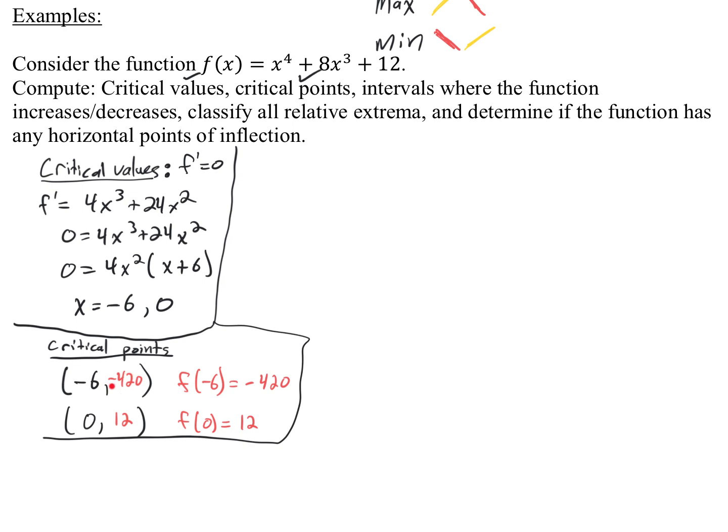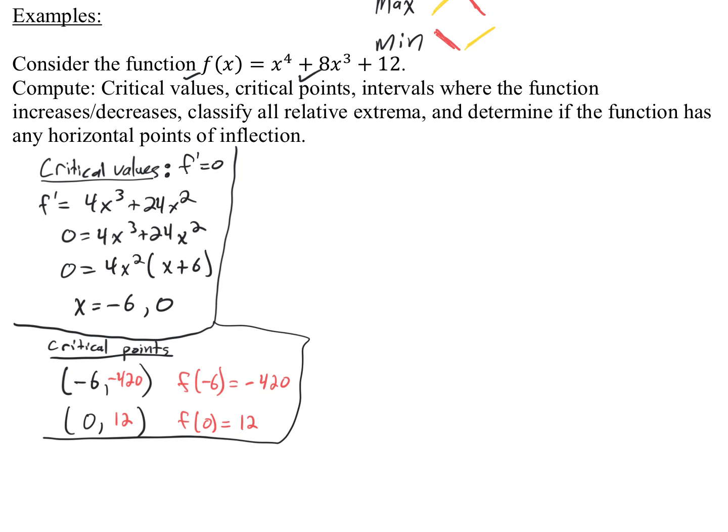You might look at the y value and say, hey, negative 420 looks like a minimum, positive 12 looks like a maximum, but you cannot just look at these y values to determine if your critical points are minimums or maximums. It does not work. Sometimes you might get lucky and it works, but there are many cases where it just does not work.